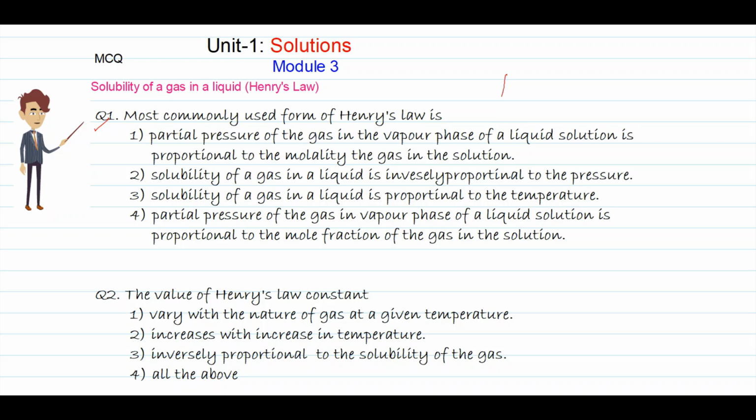Suppose I take a vessel in which a particular liquid is taken. Then we can see vapors of liquid above the surface of liquid. Then a particular gas is dissolved in this liquid.